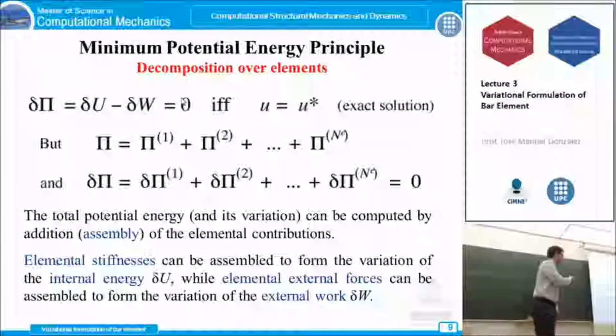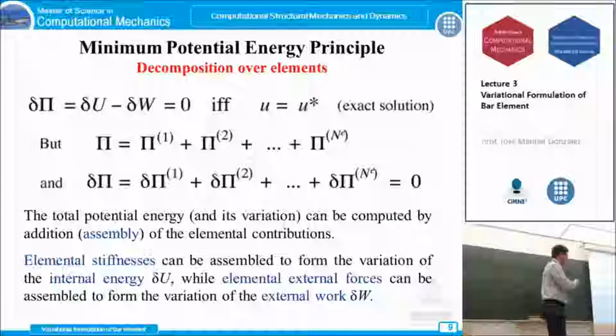We can consider that this total energy can be decomposed into the contribution of any of these discrete elements. So if n super e is the number of elements of our bar element, this total potential energy is the summation of these contributions.